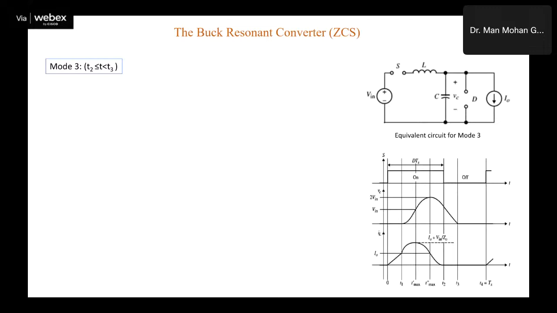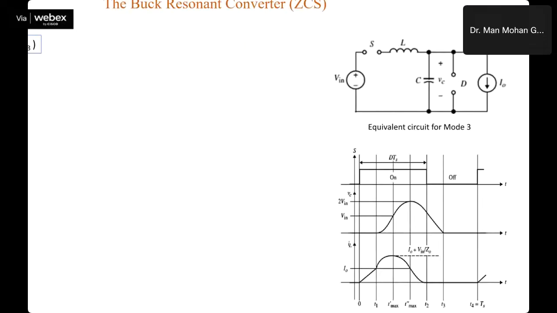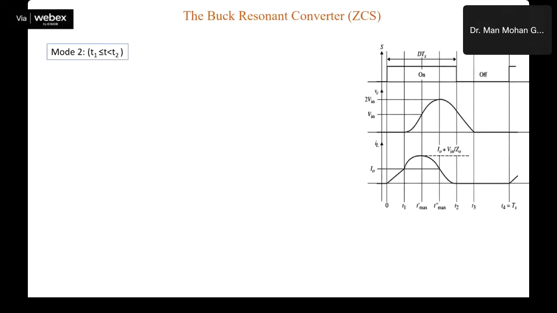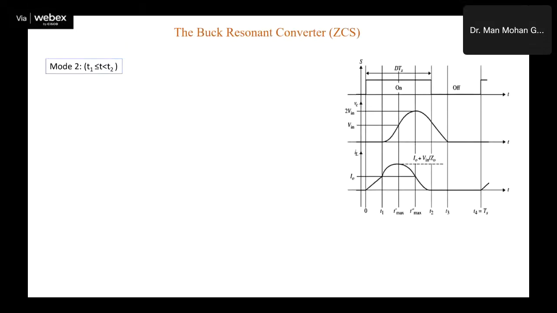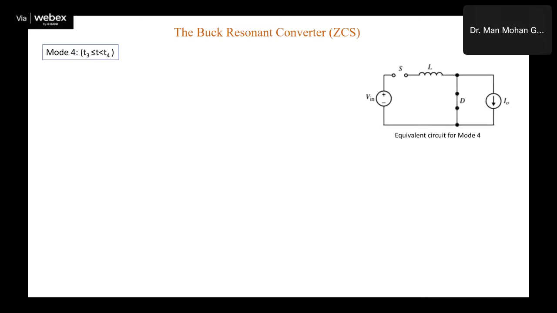So this is the mode 3 we have already seen. Mode 4. At the end of mode 3, your capacitor was connected here. So what happened? This capacitor voltage has become now 0.